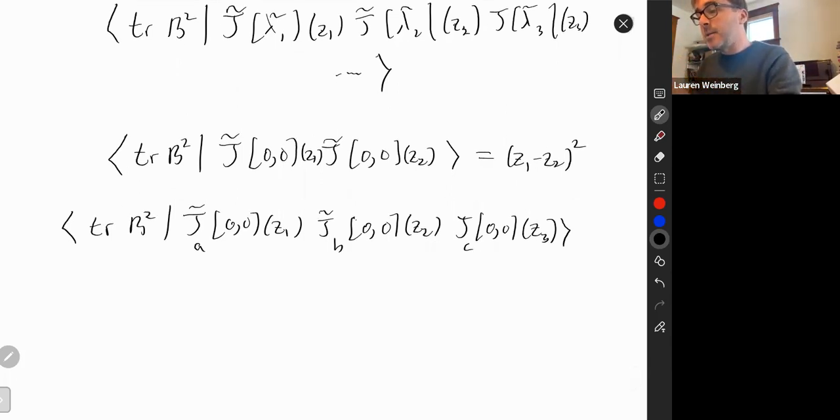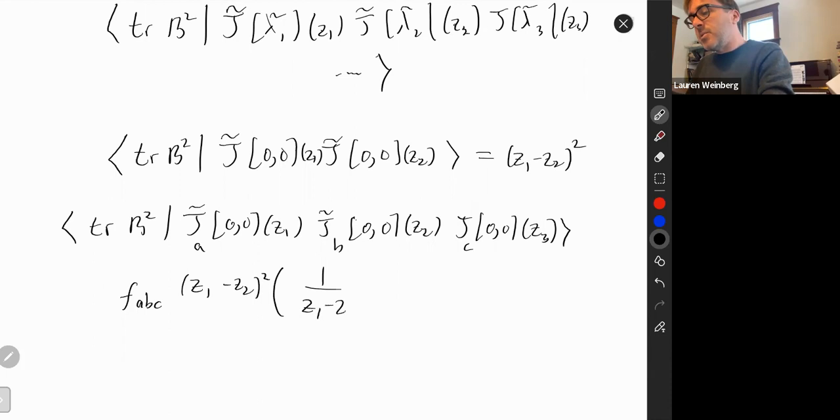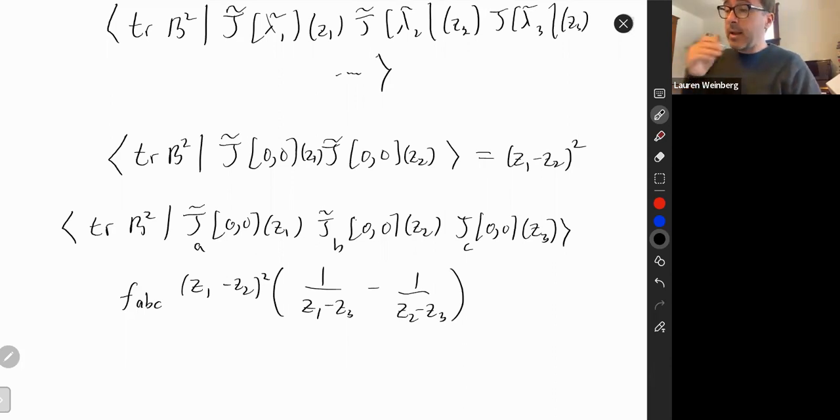So we're going to find something like f^{abc} (z1 minus z2) squared times [1 over (z1 minus z3) minus 1 over (z2 minus z3)].